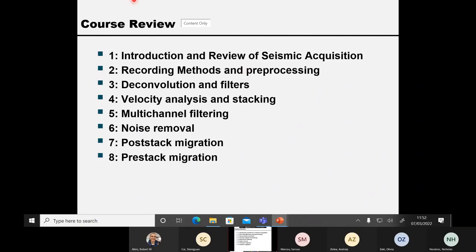There are many mathematical formulas. I think only one is thanks to the great scientist Einstein. He told us if you stack n traces, you end up with noise reduced by 1 over square root of n, right? That's the only single one.